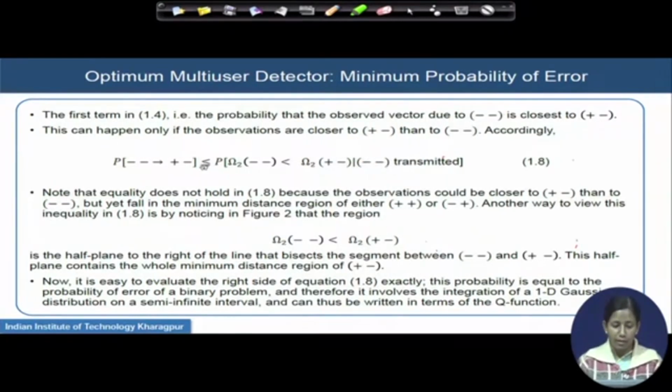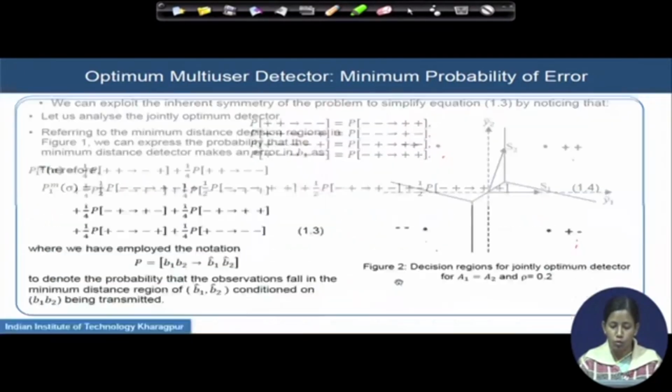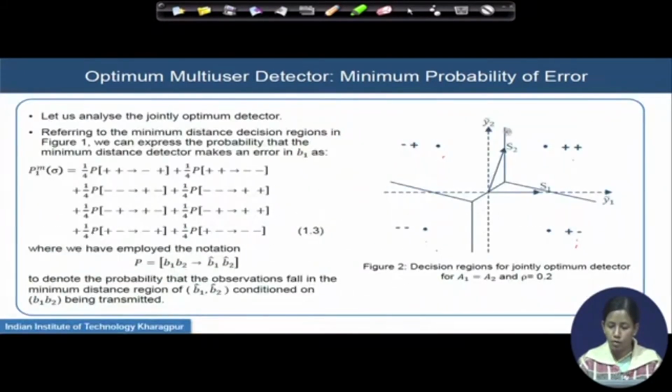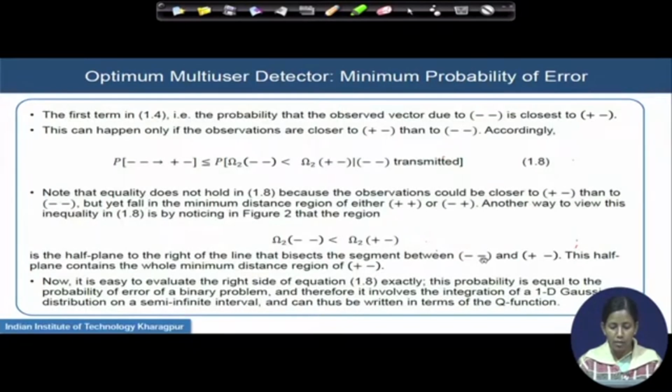Note that this equality does not hold, because the observation could be closer to plus minus than to minus minus, yet fall in the minimum distance region of either plus plus or minus plus. Another way to visualize it: in the figure, this is the boundary zone of the decision, so try to see it here and map it like this.